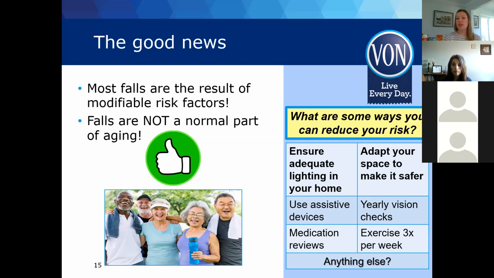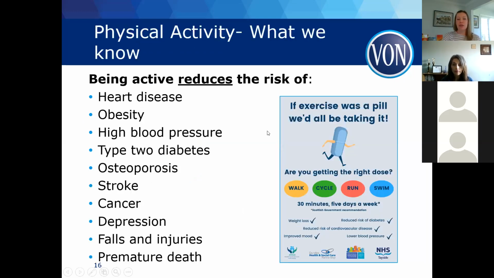And then the next one is exercising at least 3 times per week. It's really important because of all the benefits of physical activity for falls prevention. If we look at these next slides, it is all about physical activity and how beneficial it is.